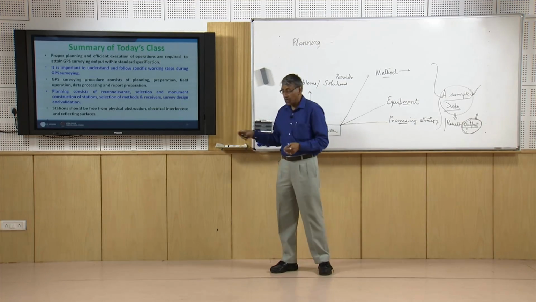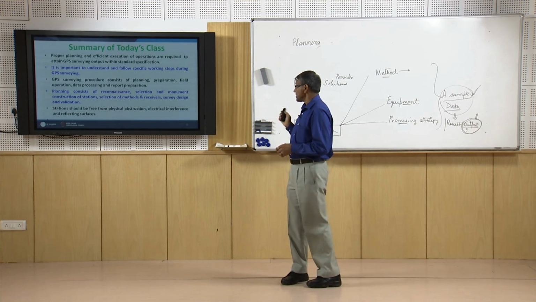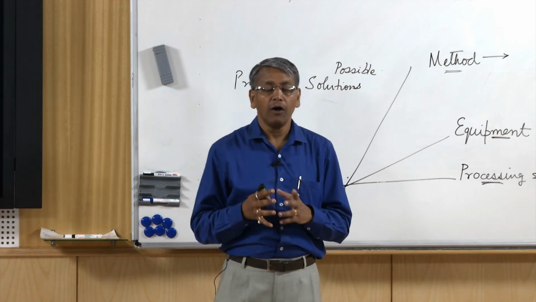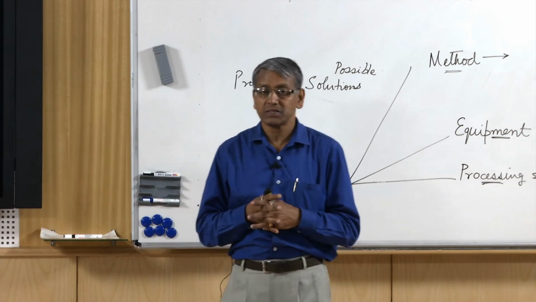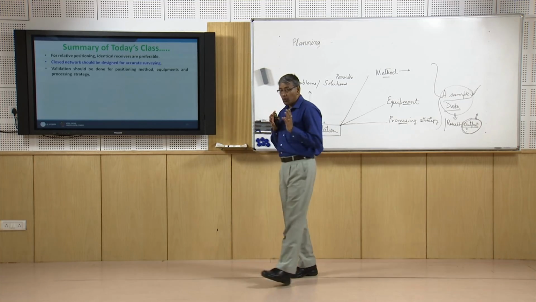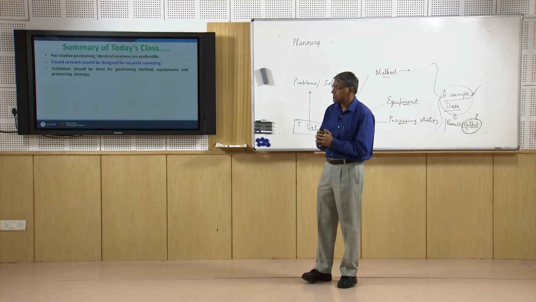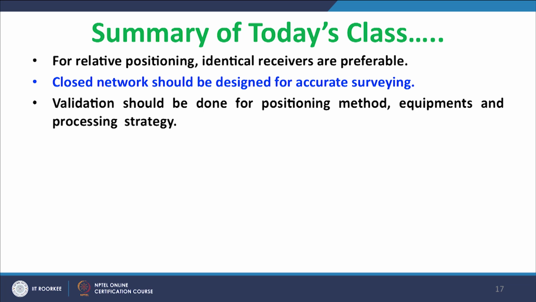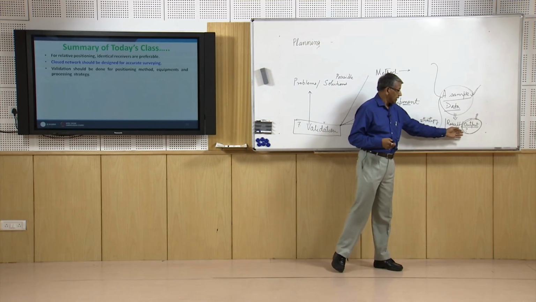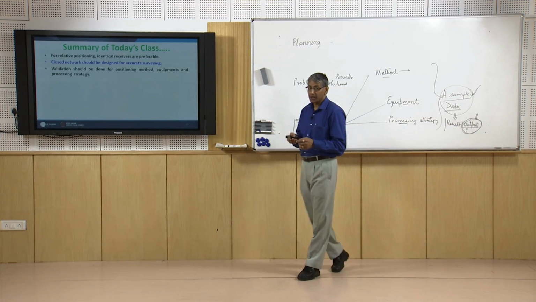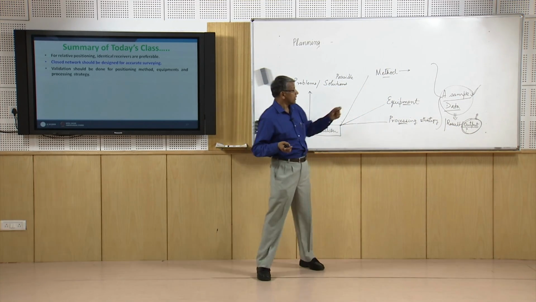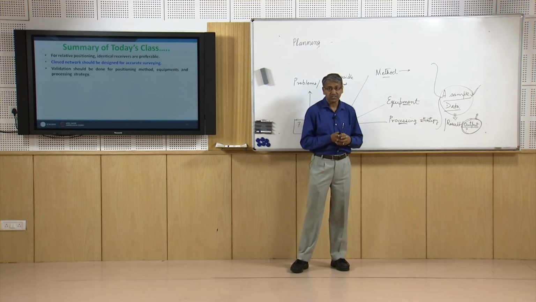Now, in case of receiver selection, preferably we should look for receivers having identical specification, and in case of networking, we should prefer a closed network for accurate surveying, and finally we need to complete our validation by satisfying that our output meets the standard specification, following the particular method, equipment and processing strategy.